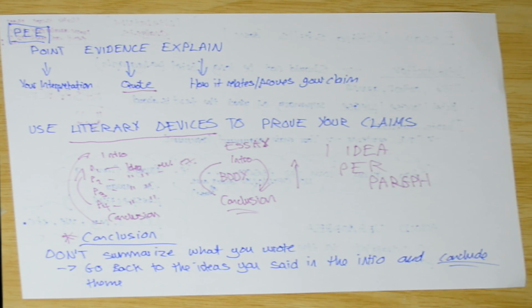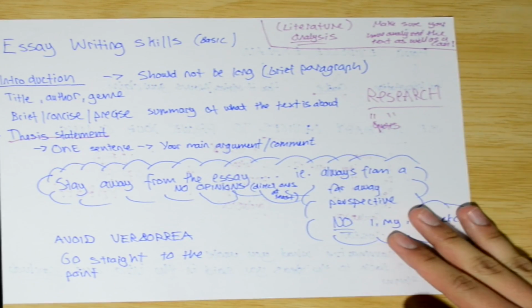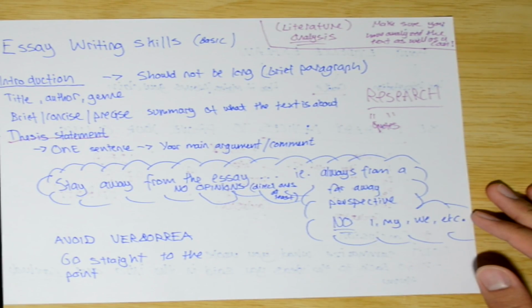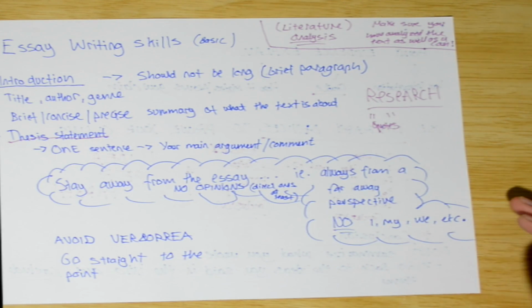So just keep in mind those main guidelines, and at any point during the video just freeze it to take a look at these notes. It's the basics, but it's always good to look back at the basics even if you're at an advanced level, and remember certain things you need to keep in mind to produce a good essay. It doesn't have to be really complicated. You don't have to use complicated wow words.